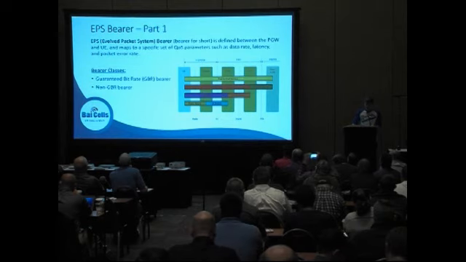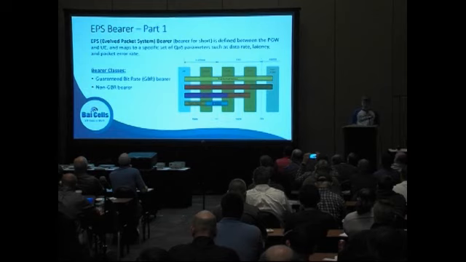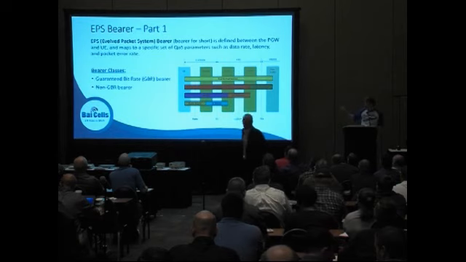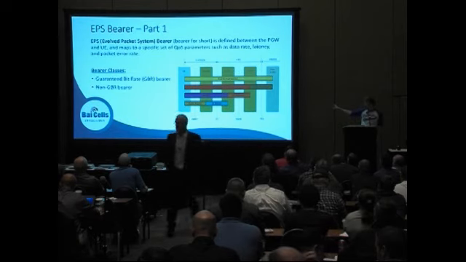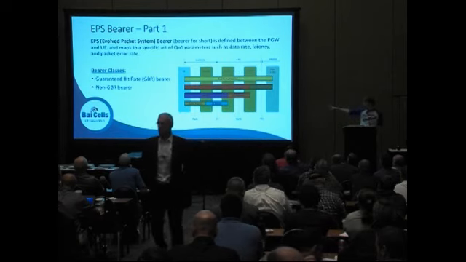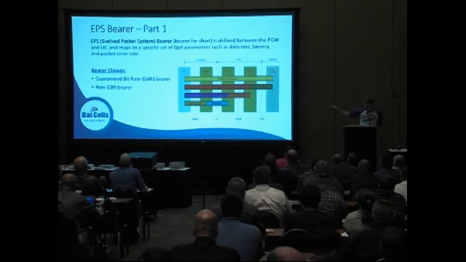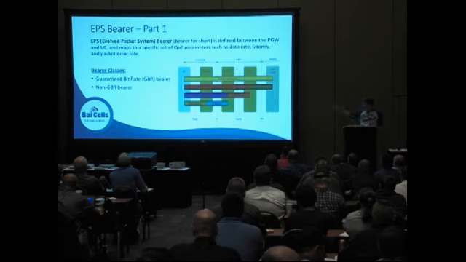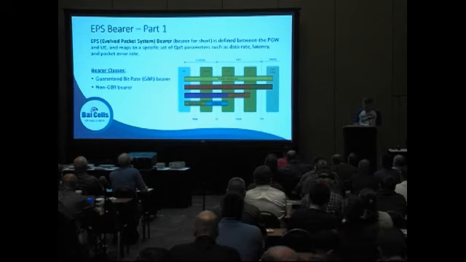Okay, so after the UE finally attaches, it's going to be assigned bearers from the EPC. This is a high-level look at what that looks like. The actual bearer is between the UE and the packet gateway, and then you have different bearers in between. But there are basically two different bearers.